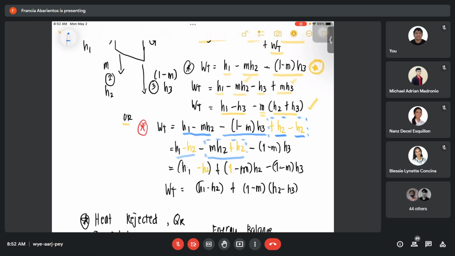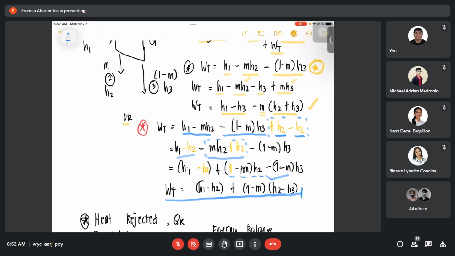Ito na siya. So, karoon na ng (1 minus m)H2. So, we can make use also of this equation, the derived equation. Galing siya dito, yung H2 and H3 natin, 1 minus m. And ang i-consider lang natin dito is yung H1 and H3.